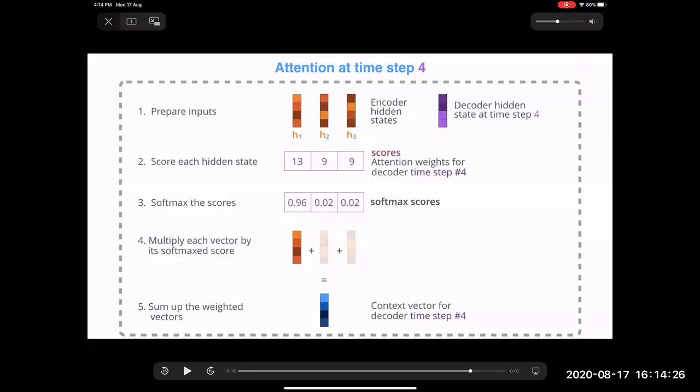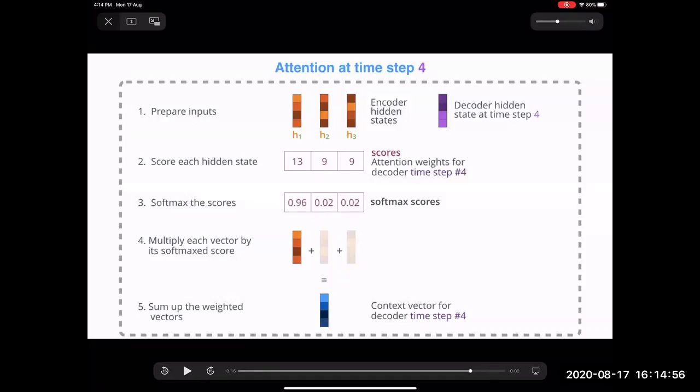Decoder itself is having its own hidden state, and then somehow you have a network which is learning how much weight I should give to H1, say 13, H2 I wanted to give 9, and H3 I wanted to give 9. And over that I apply some softmax, which is going to tell you that hidden state 1 is getting more weight, others are getting less weight. Why? Because time step 1 is there, and the first one has to have more weight than the others. It somehow learns this thing.